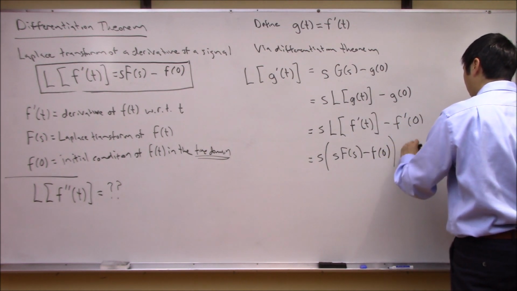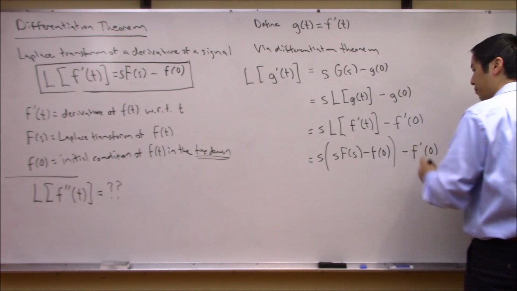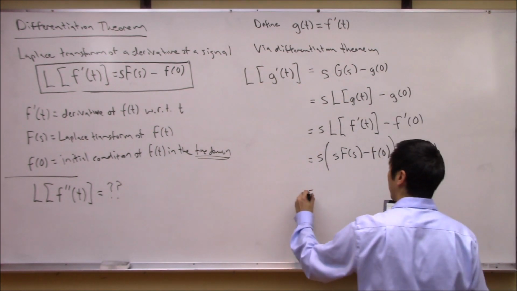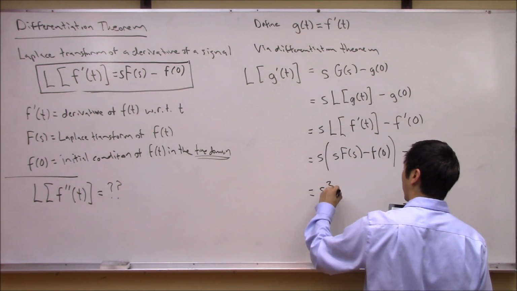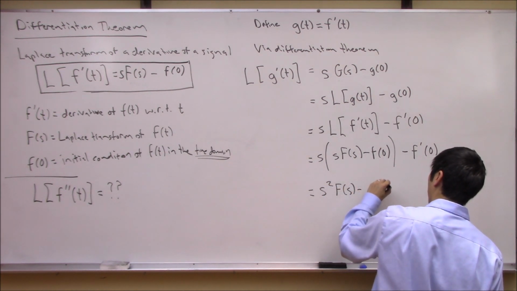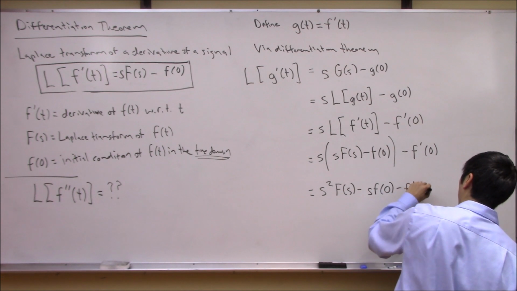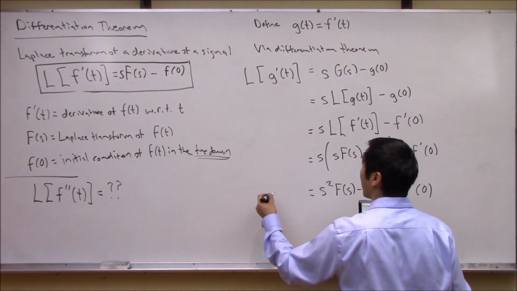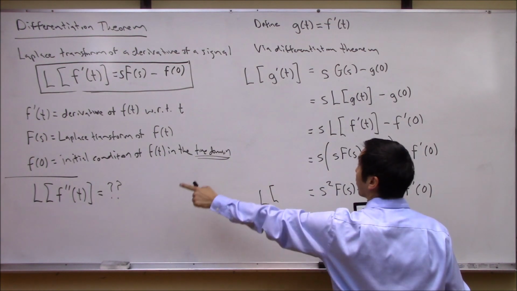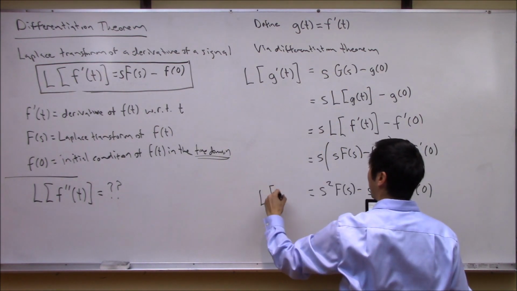And then I've got to go minus f prime 0. Okay, great. Distribute this s through. So again, you see s squared f sub s minus s f0 minus f prime 0. So here, this is the Laplace transform of g prime, which really was, well, I guess this is f double prime, right?